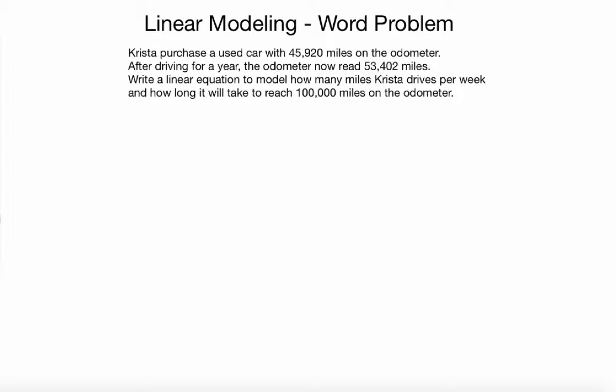All right, so when I interpret this, she purchased a used car and there's this many miles on it. So I would read that as right when she buys it, so after 0 weeks, that car has 45,920 miles.